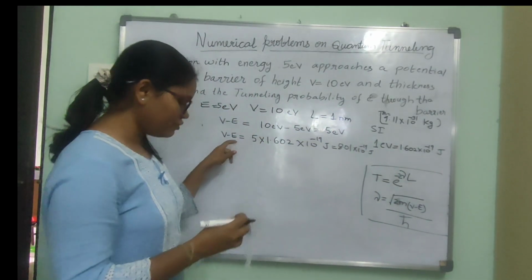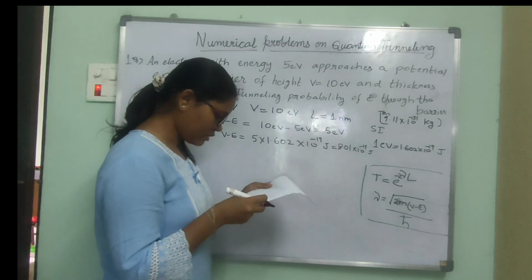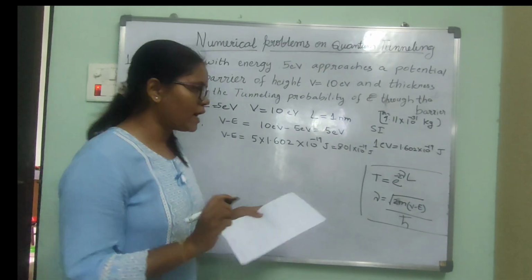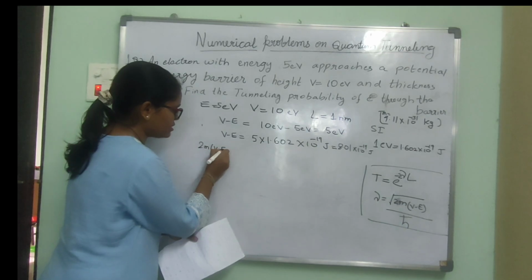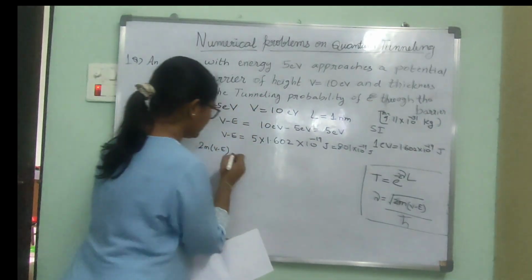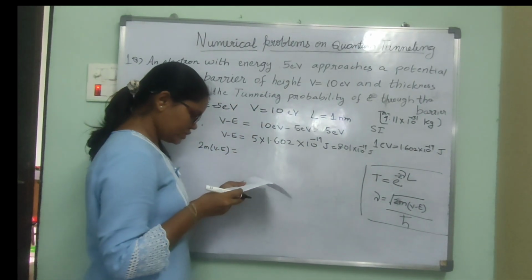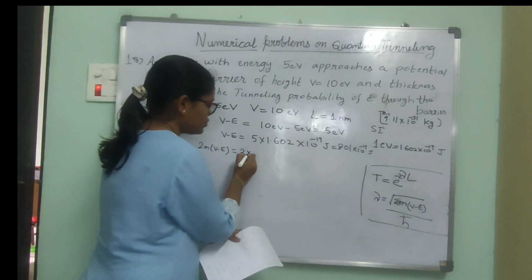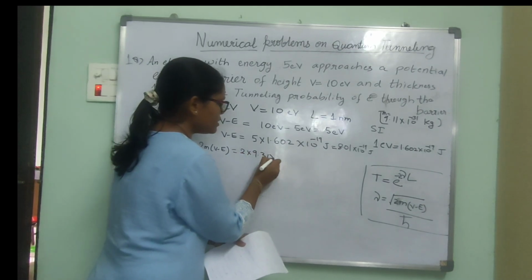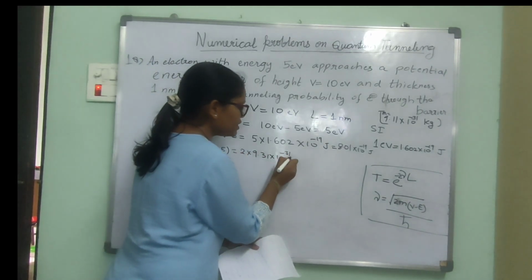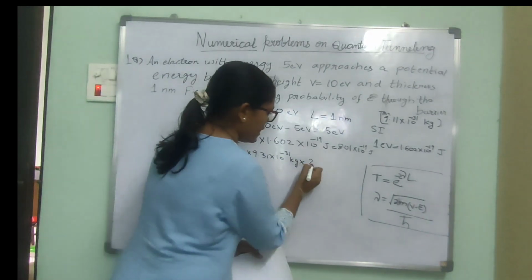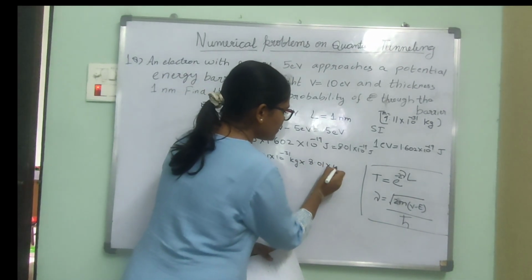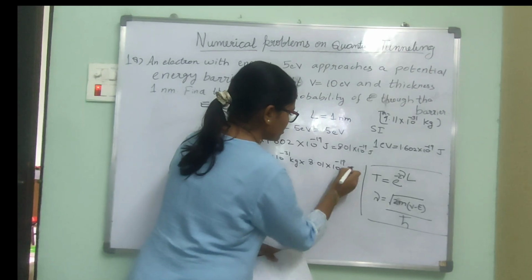Now we have the value of V minus E. Now we'll see what is 2m into V minus E. You have to multiply 2 into 9.31 into 10 power minus 31 kg, and the value of V minus E is 8.01 into 10 power minus 19 joules.